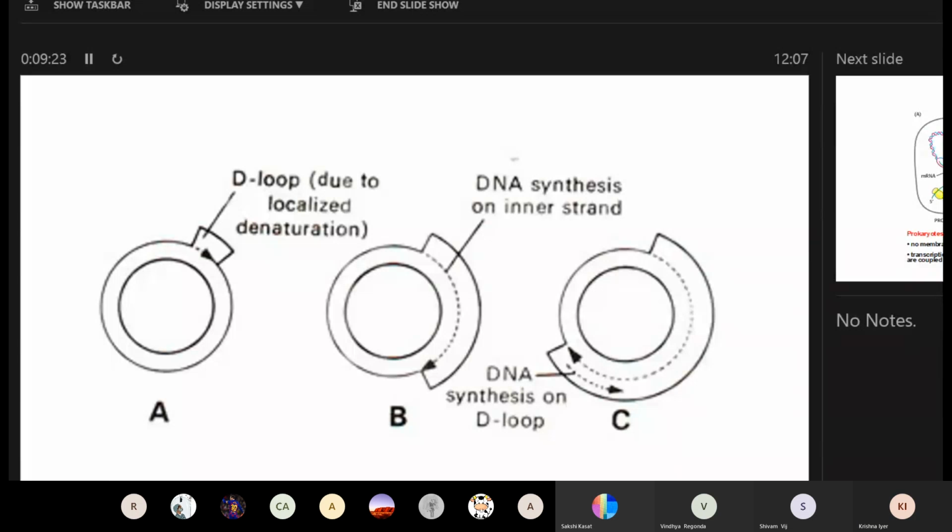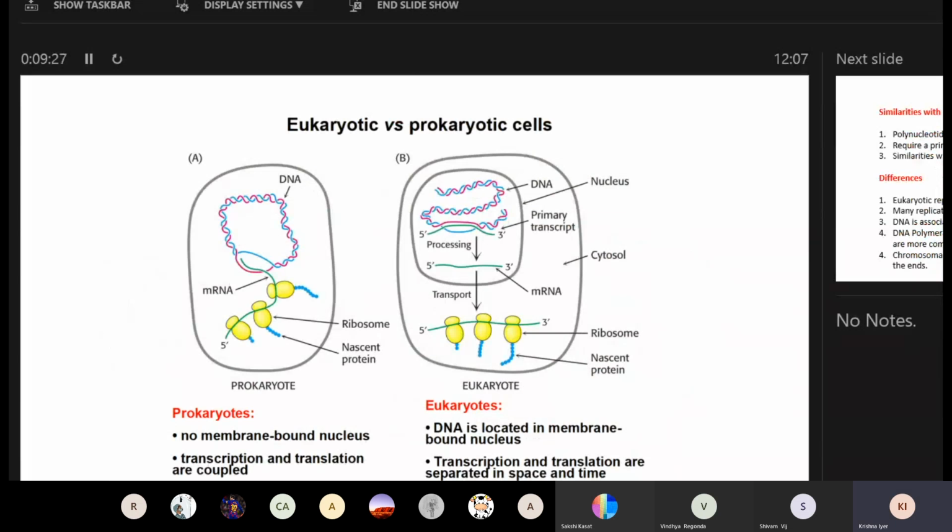Okay. So going to more complex systems, that is you and me. How does replication occur in higher order systems? The difference, as I said, between prokaryotes and eukaryotes is that in prokaryotes, the DNA is present in the cytosol itself, while in eukaryotes, the DNA is present inside the nucleus.